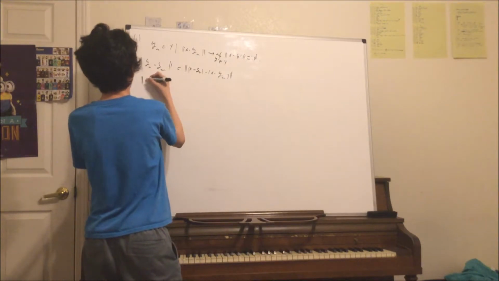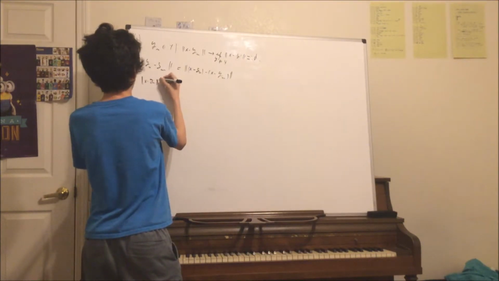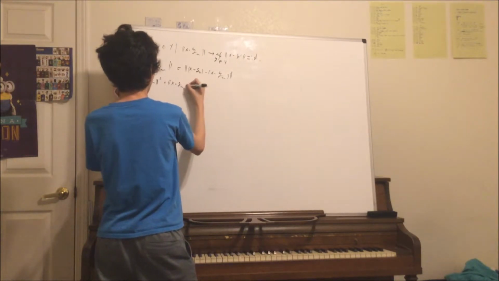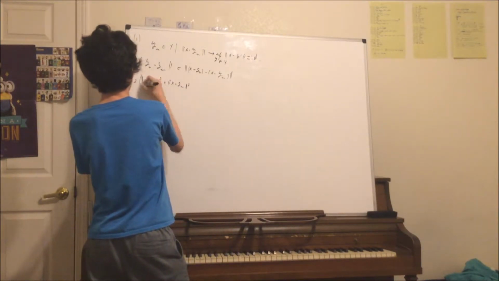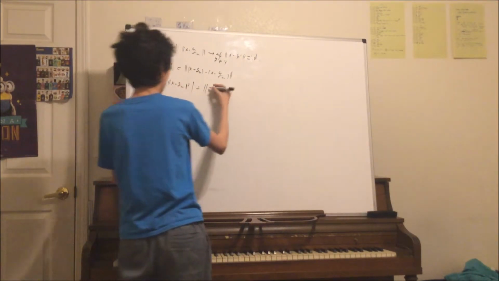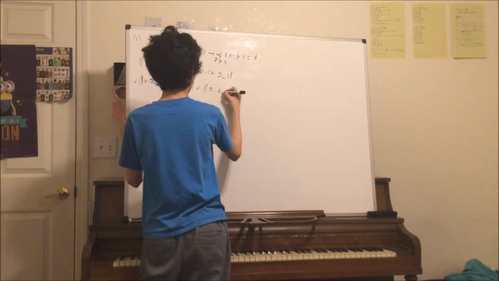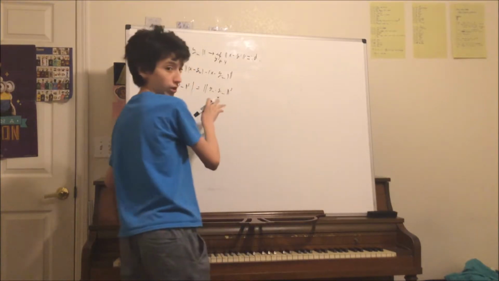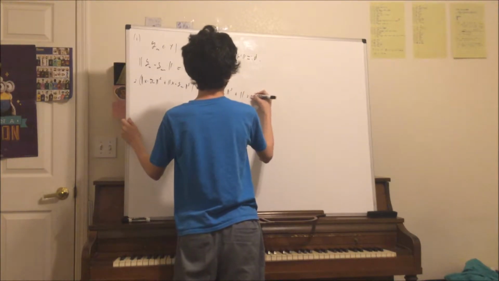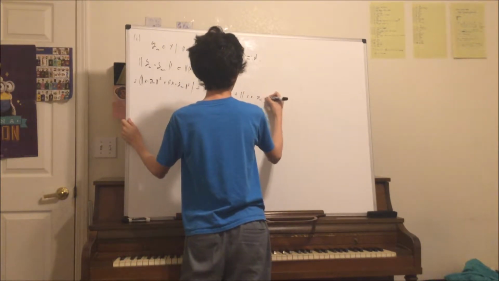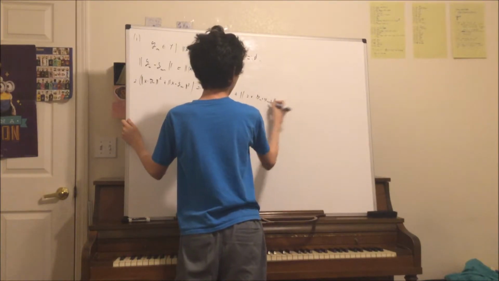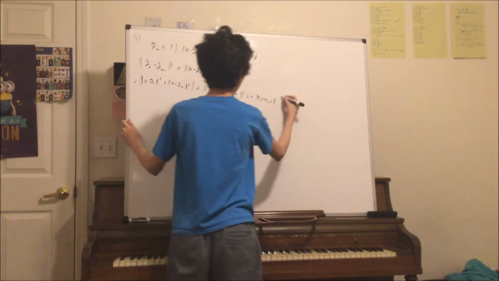So twice the norm of x minus y_n squared plus the norm of x minus y_m squared is the norm of the difference, which is y_n minus y_m, squared, plus the norm of the sum, which is 2x minus (y_n plus y_m), squared.